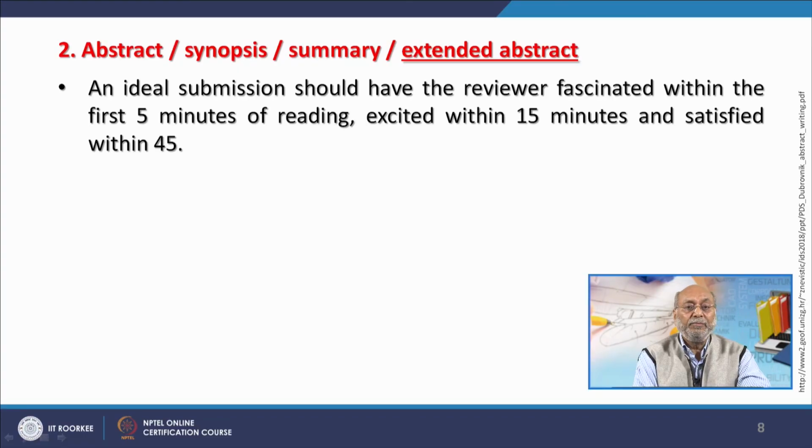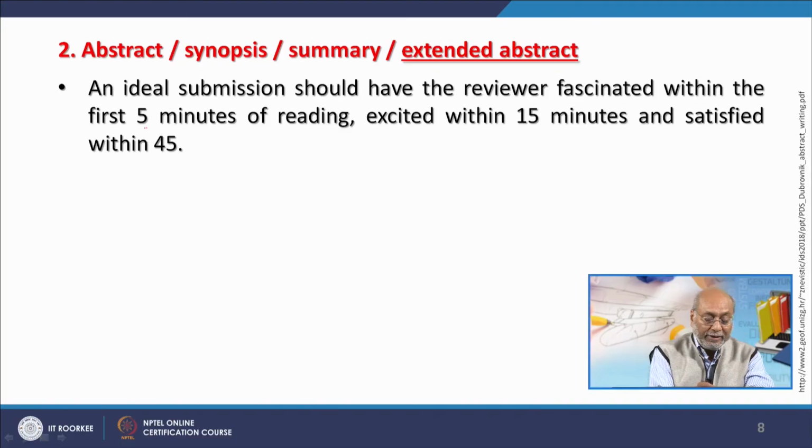An idea submission should have the reviewer fascinated within the first 5 minutes of reading. So, basically it should be interesting, and only you can make a reader interested in reading your manuscript or extended abstract if it has some important findings, some innovations, and is nicely presented.